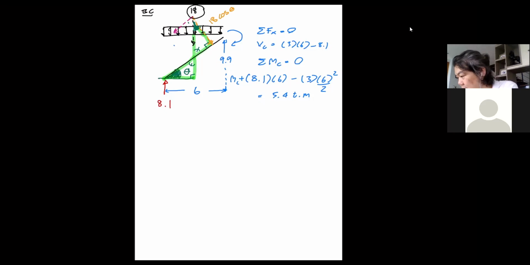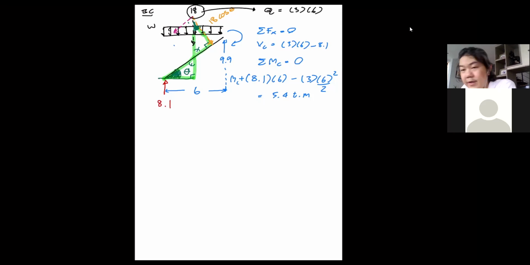The total load 18 comes from, let me try to write more information for you, okay? Let's say this is omega. So the total load, let's call it QB, is 3, that's my omega, right? Then multiplied by 6, which is the length in the direction of the load.